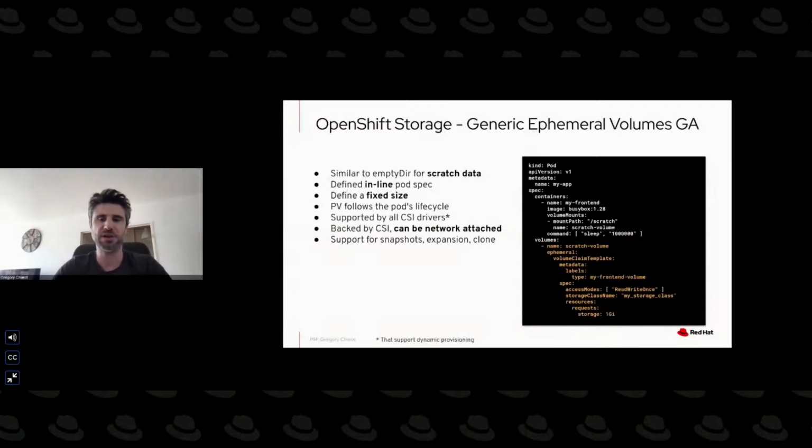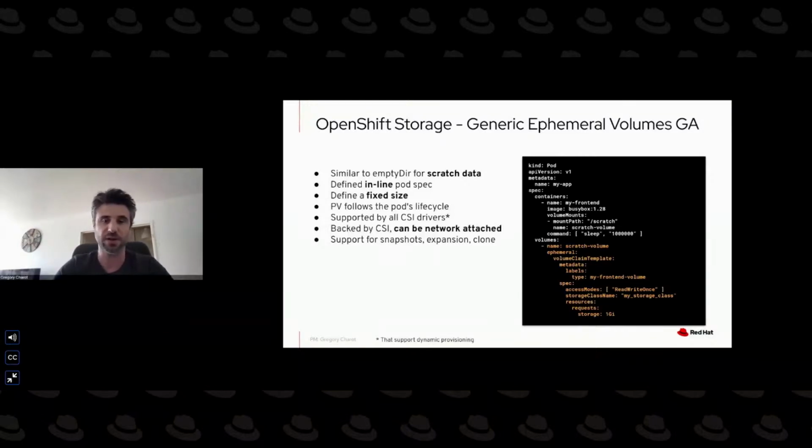Lastly, we are introducing generic ephemeral volumes as fully supported. Generic ephemeral volume is a way to consume scratch data like emptyDir, but in this case via CSI. The PVC is defined inline with the pod specifications, and you can set a fixed size to avoid an application filling up the storage. Similar to other ephemeral storage, the PV follows the pod lifecycle.